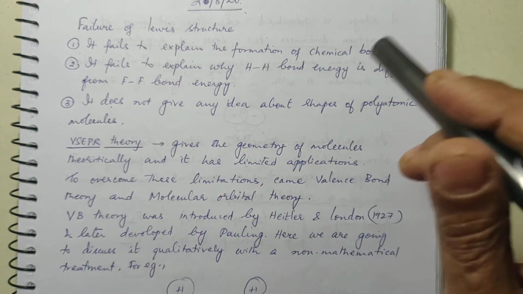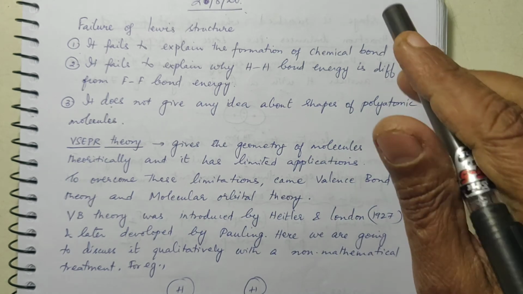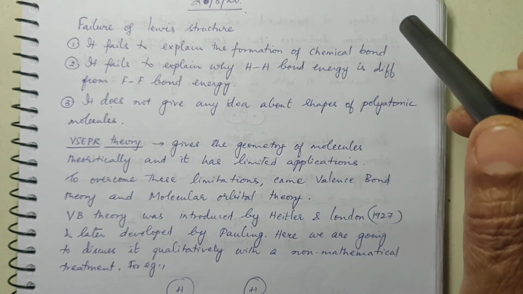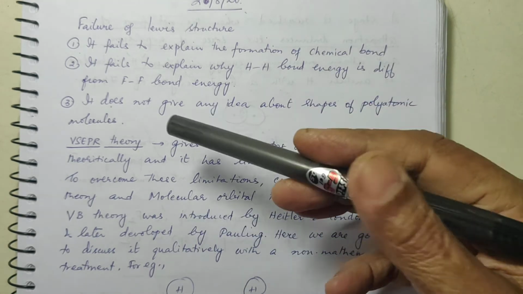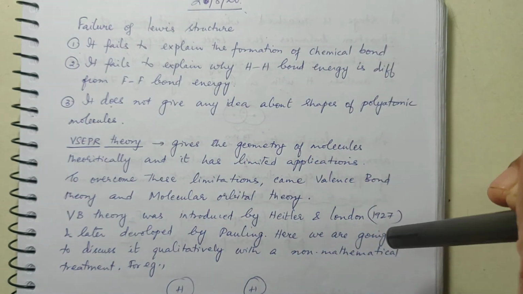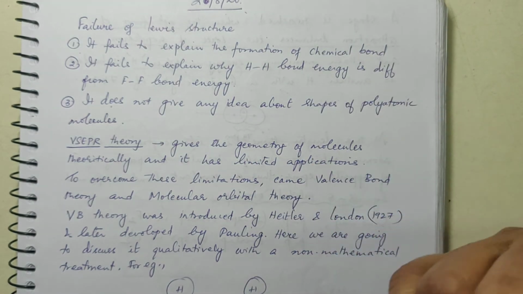And VSEPR theory, it gives the geometry of molecules and it has very limited applications. So to overcome the limitations of this VSEPR theory came valence bond theory and molecular orbital theory, which we are going to see.